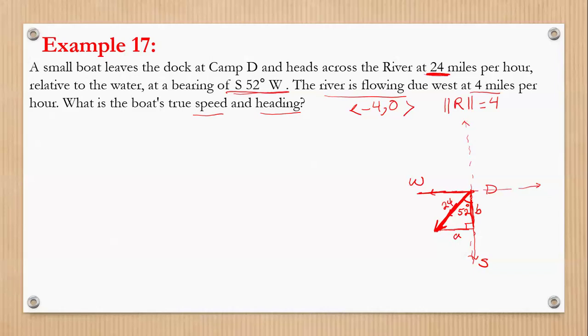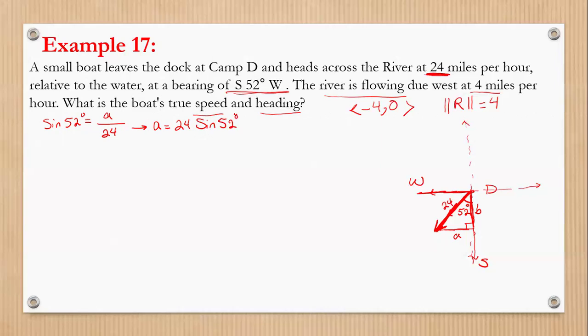And how do we find A and B in this right triangle? By using the sine and cosine of the 52-degree angle. Because I know that the sine of 52 degrees in that right triangle is opposite over hypotenuse, which means A must be equal to 24 times the sine of 52 degrees.